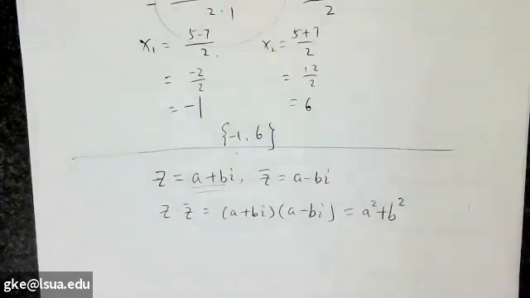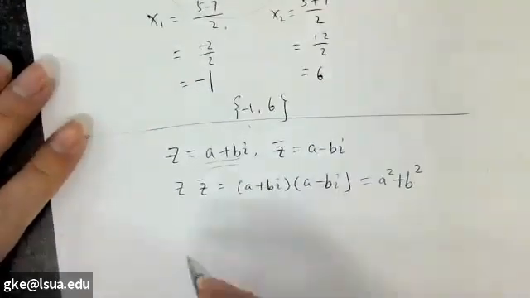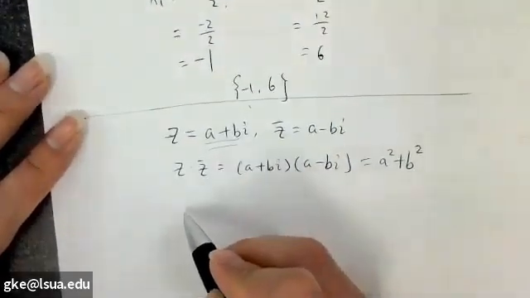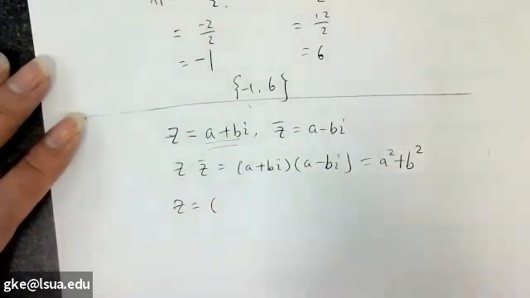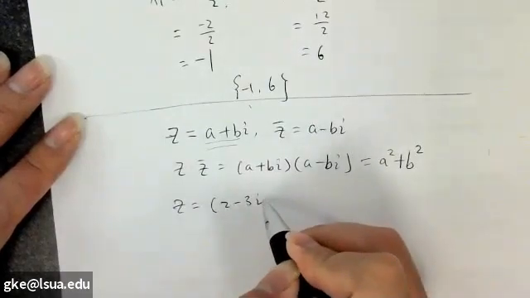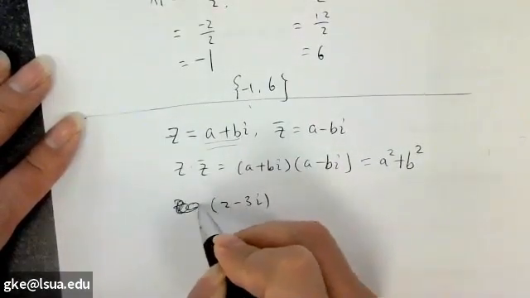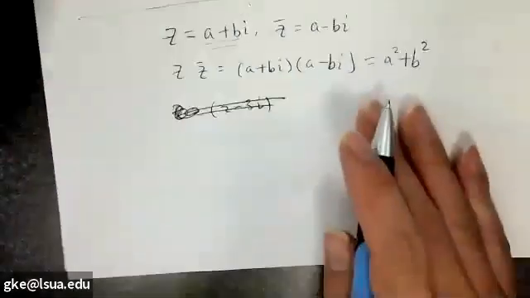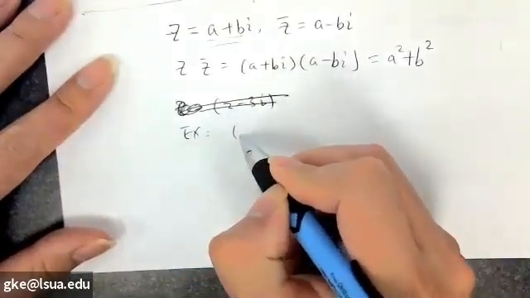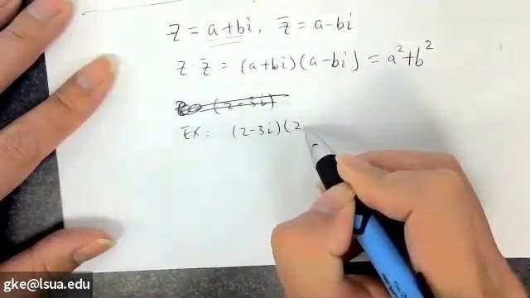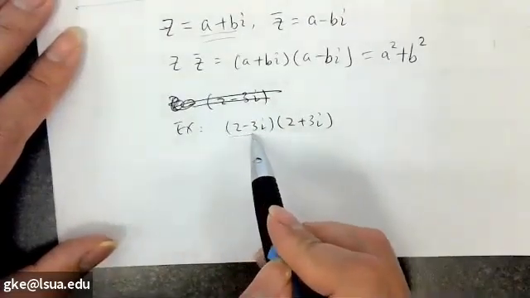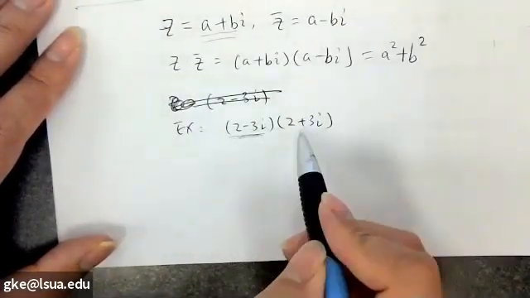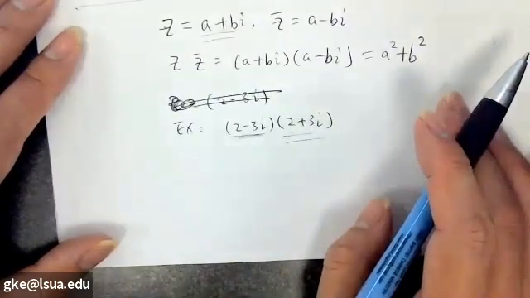Okay, now I'm gonna give you guys an example. The first example here. Calculate the... So if this guy is z, and this guy should be z bar, right?